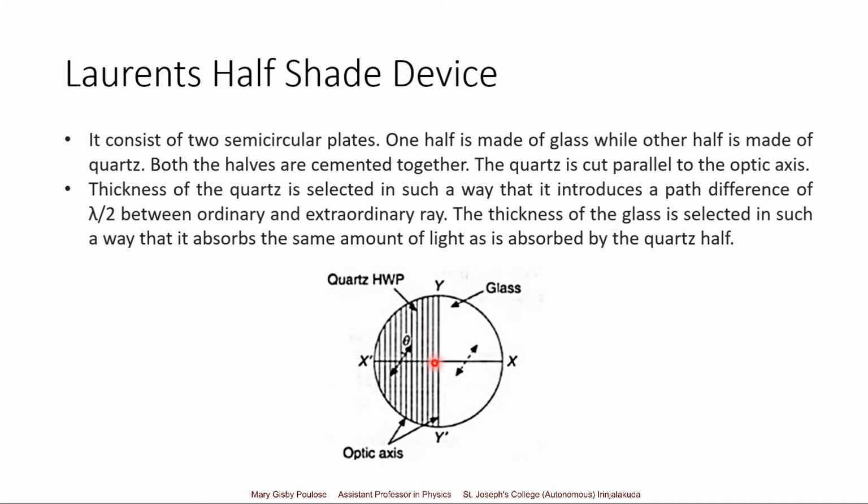Its transmission axis is parallel to this joined axis. The thickness of the quartz is selected such that it behaves as a half-wave plate. The thickness of the glass is selected such that it absorbs the same amount of light absorbed by the quartz half.